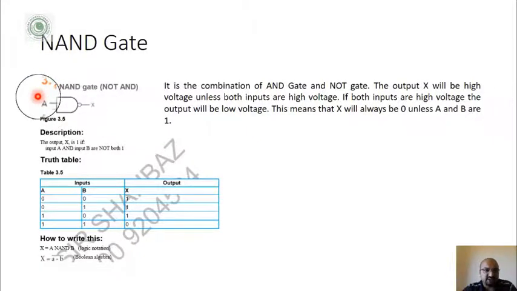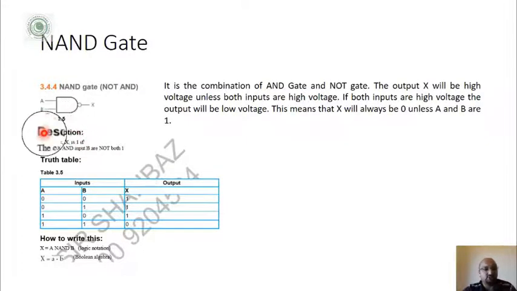So now coming to the first scenario, we give input here as 0, and the next one is 0, low voltage and low voltage. It is converted into low voltage, and the NOT gate converts low voltage into high voltage. That's how we got the output as high voltage.